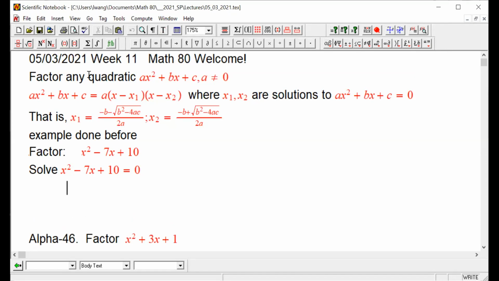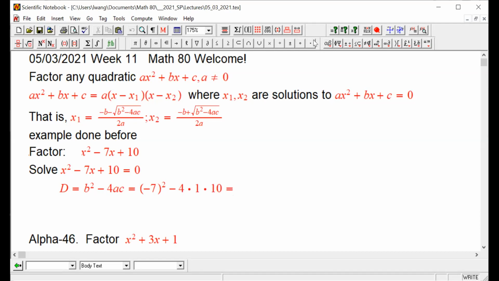And we're going to plug in the formula. You can do the discriminant if you wish. Over here, you have b squared minus 4ac. That's going to be negative 7 squared minus 4 times a is 1, c is 10.